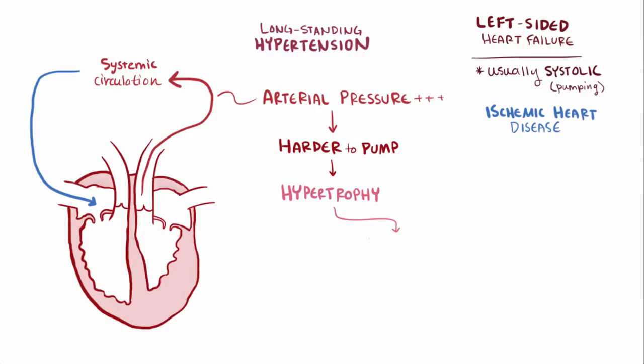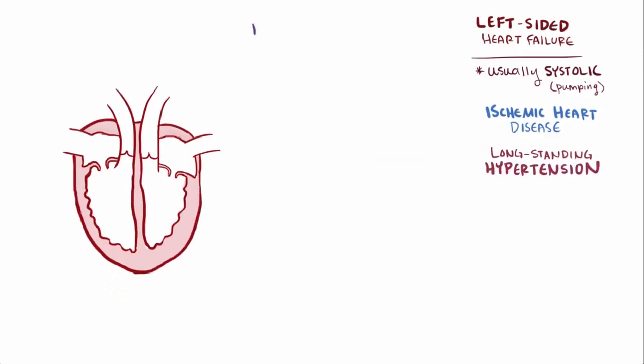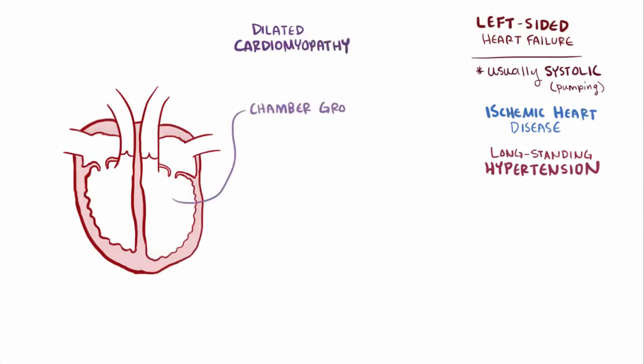The increase in muscle mass also means that there's a greater demand for oxygen, and to make things even worse, the coronaries get squeezed down by this extra muscle so that even less blood's delivered to the tissue. More demand and reduced supply means that some of the ventricular muscles start to have weaker contractions, leading to systolic failure.